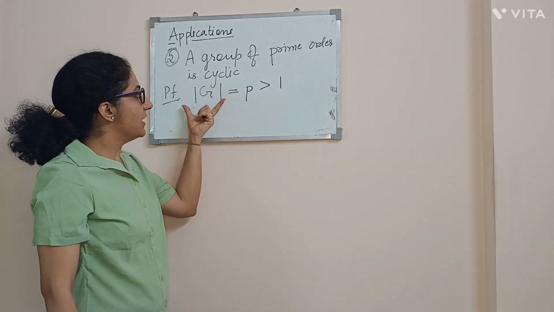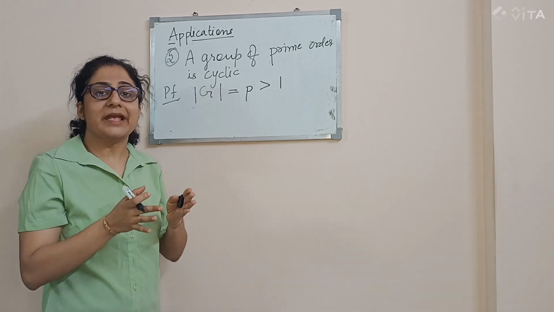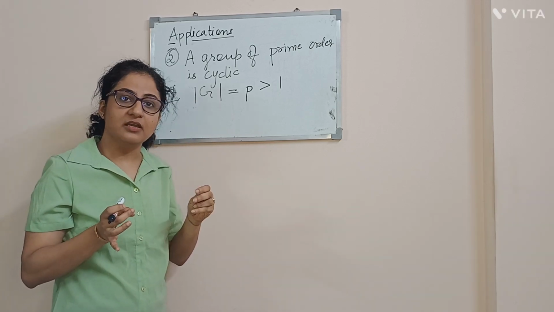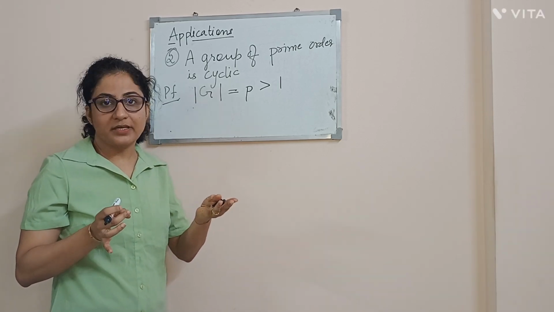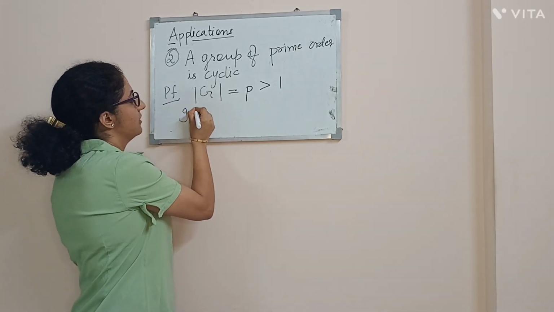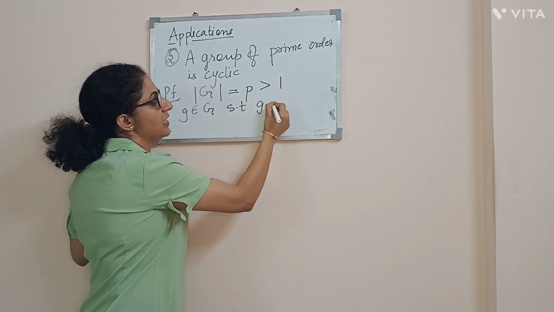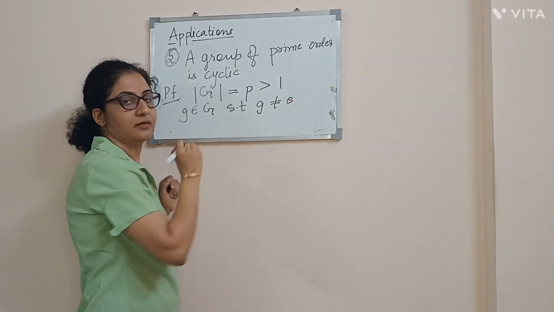So obviously G has order greater than 1, so there must exist an element in G which is not equal to the identity. So let small g belong to G such that g is not equal to the identity.